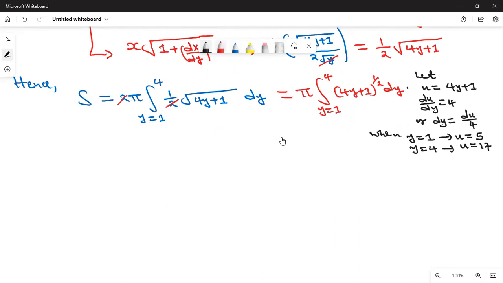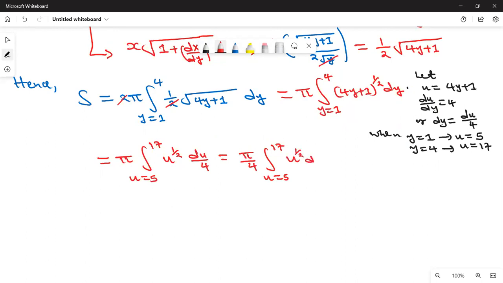So therefore, this integral can now be written as pi times the integral from u equals 5 to 17 of u raised to 1 over 2 times du over 4, which is the same as pi over 4 times the integral from u equals 5 to 17 of u raised to 1 over 2 du.